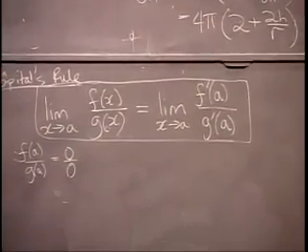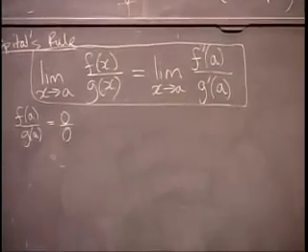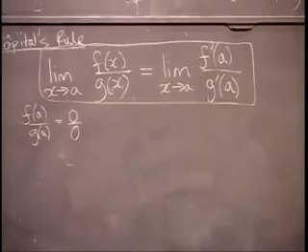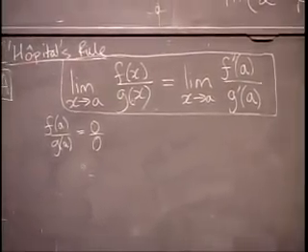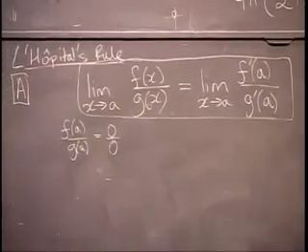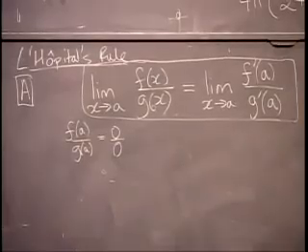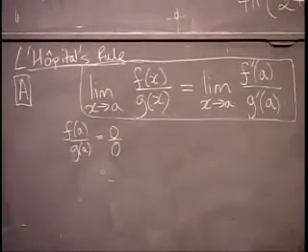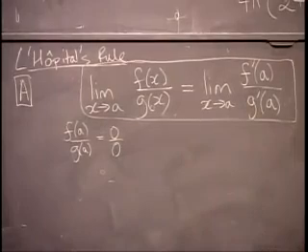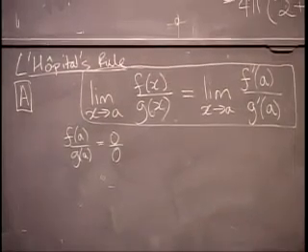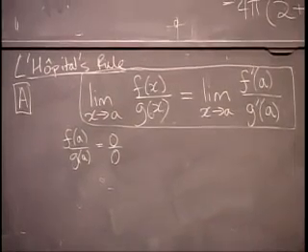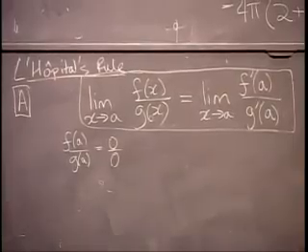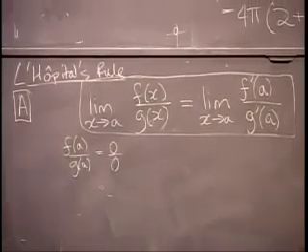This is not the quotient rule. It looks like a quotient, but it has nothing to do with the quotient rule. You're just differentiating the top and the bottom separately. If you can do this limit, you can do this limit. Pretty nice rule. Okay, what I'm going to do is just show you one or two simple examples of it, and then I want you to leave a little bit of space because I have to elaborate on this rule.